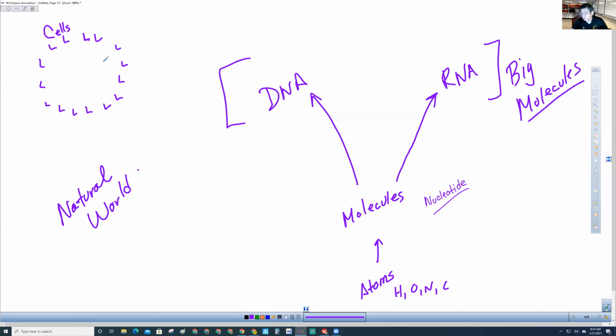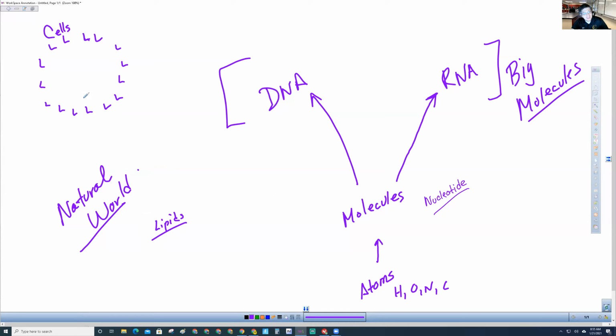The word starts with an L. Remember, there are these things called lipids. Write it down if you don't have it. So there's these molecules called lipids that are used to make the cell.